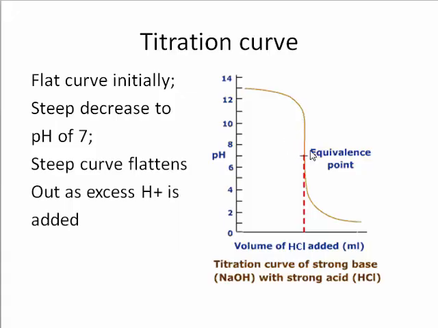There's a steep decrease to 7, and then the curve flattens out again as excess acid solution is added, I beg your pardon. Alright, so flat curve for quite a range of the titration, but then the pH starts to drop very steeply.